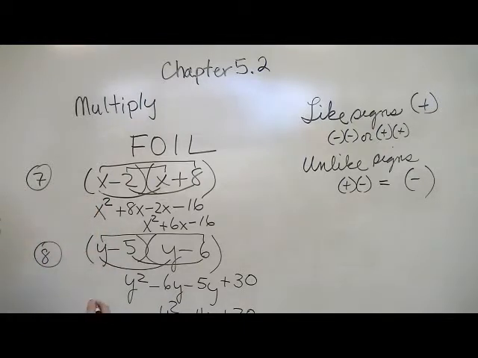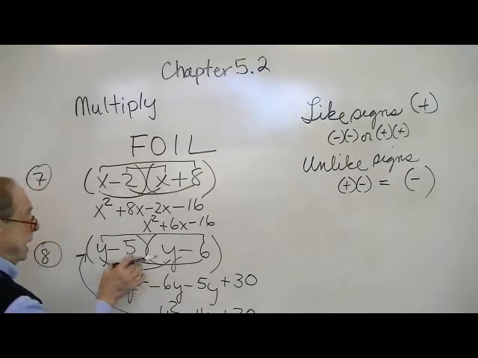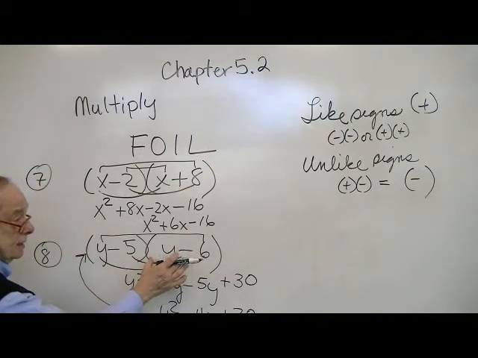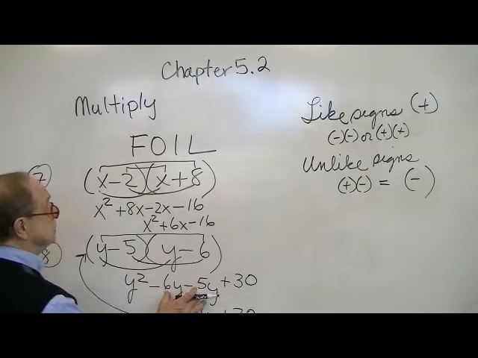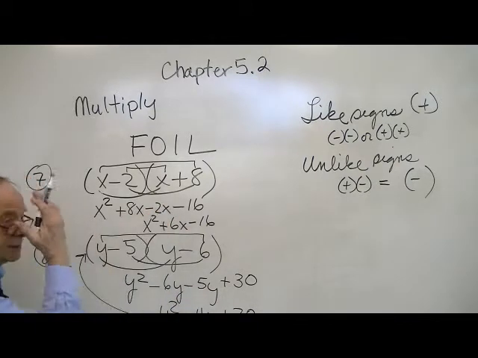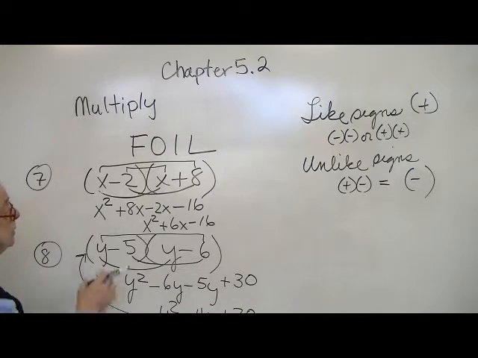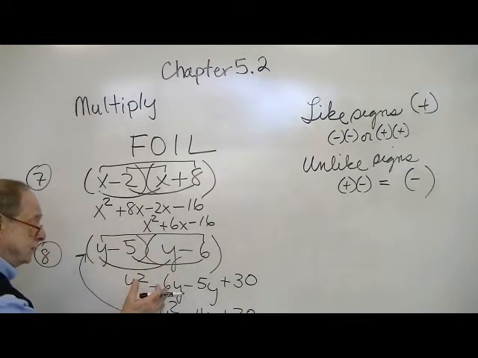And again, later in the chapter, we'll be taking this trinomial and factoring it. But foiling is sort of easy, but it's something you need to memorize. And often these two inner terms, this is done mentally. You don't write it out, you do it mentally. But in the beginning, strong advice, write it out. Foiling.